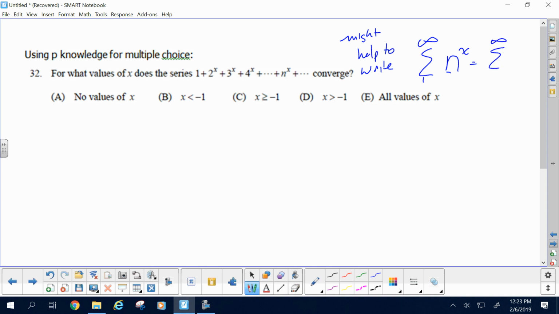How could we make it look like a p-series? Then I would say this converges if the power, negative x, is less than 1 or greater than 1? Greater than 1. And that implies that x is less than negative 1. Okay? All right.